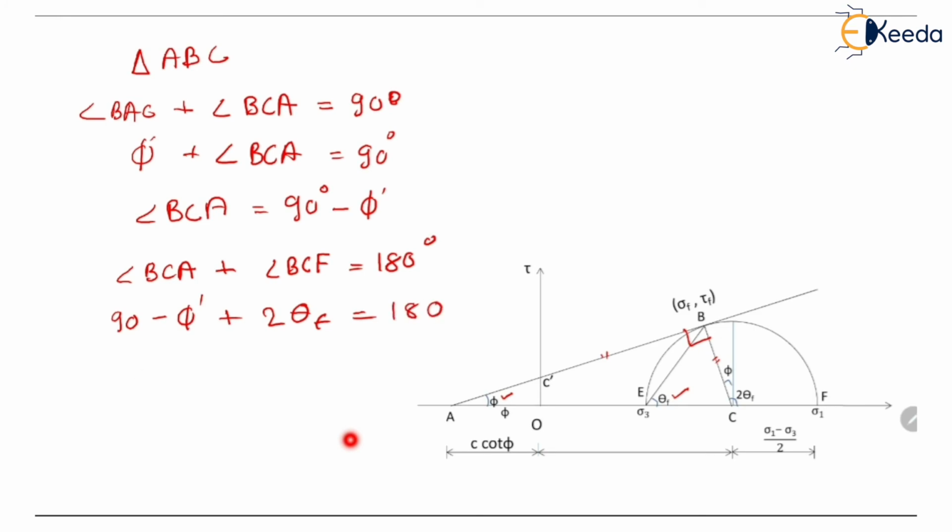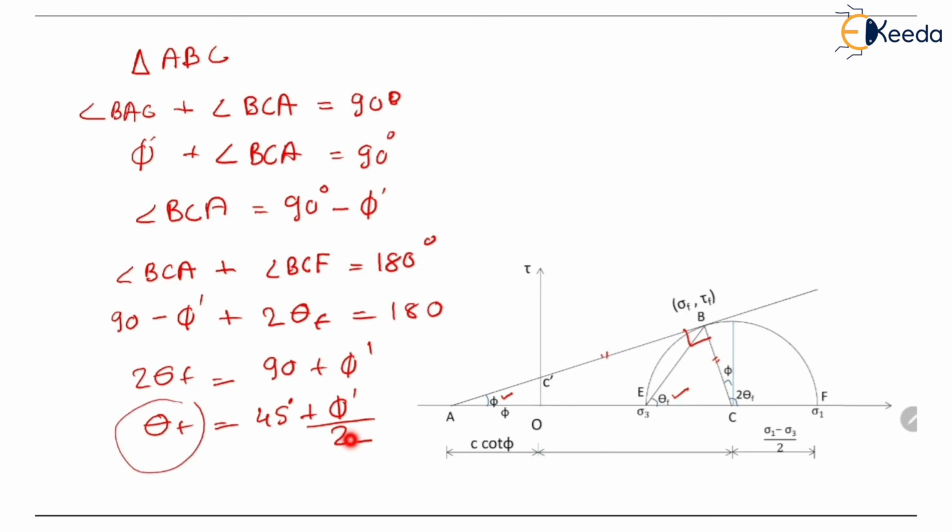So 2 theta f becomes equal to 180 minus 90 minus phi dash, that is 90 plus phi dash. So theta f becomes equal to 45 degree plus phi dash by 2. So this way we can obtain the value of theta f, which is angle of inclination, using angle of friction.